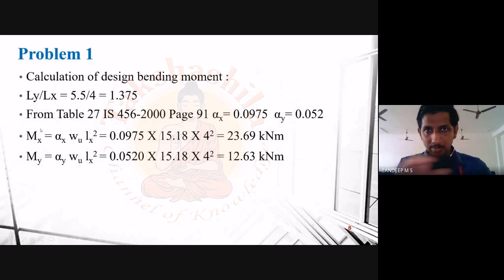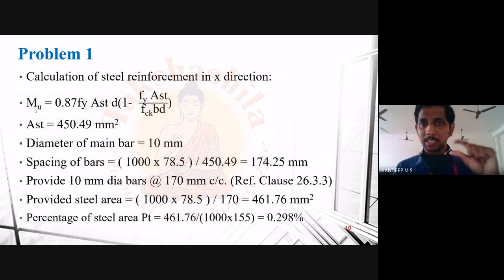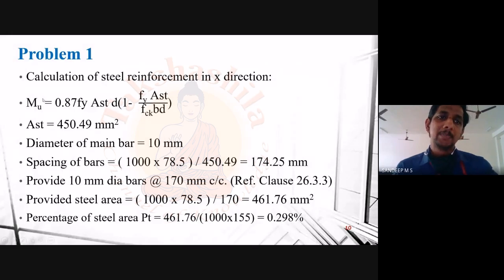So first thing is that you have to perform the design along the shorter direction. In that case you have to substitute the value of mx as the moment in this equation. So please take care of these things. These are some of the changes that we have in two-way slab. So when you use this equation to design the slab along the x direction, you have to substitute Mu as mx and find the value of Ast.